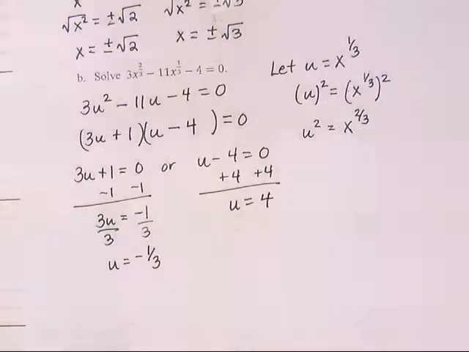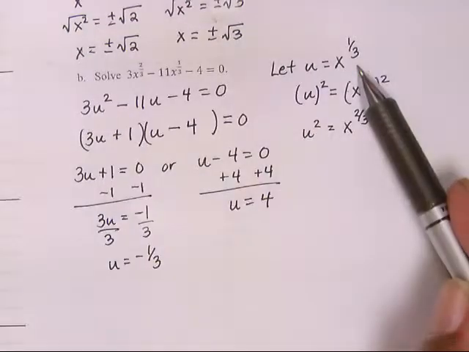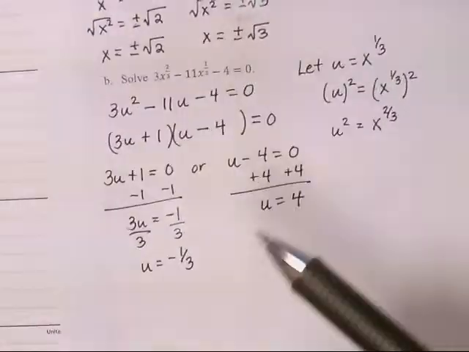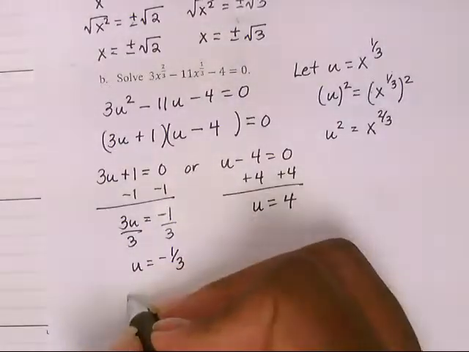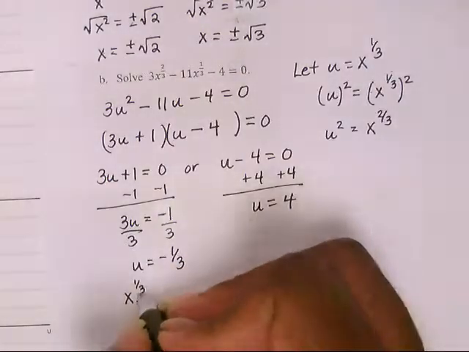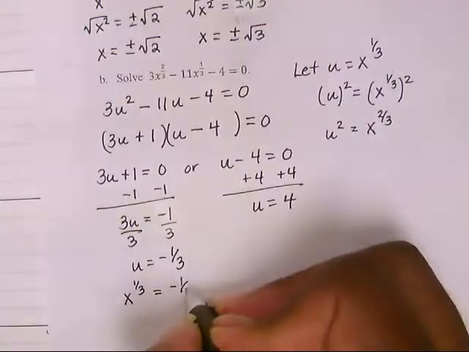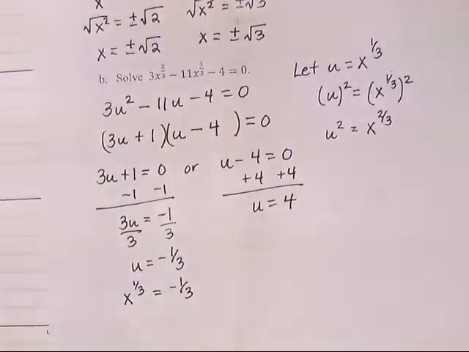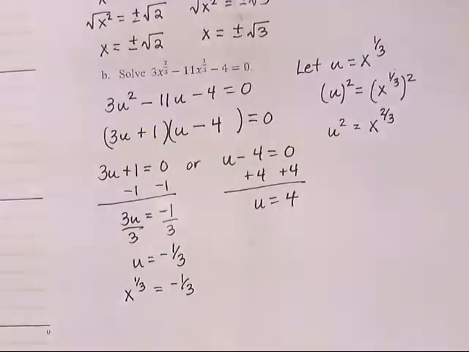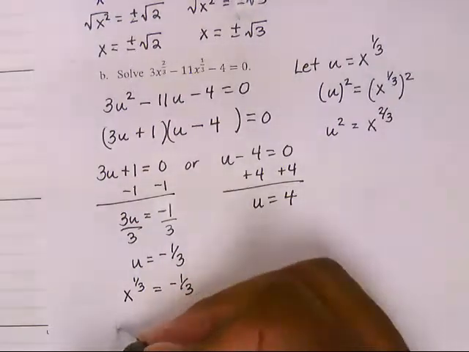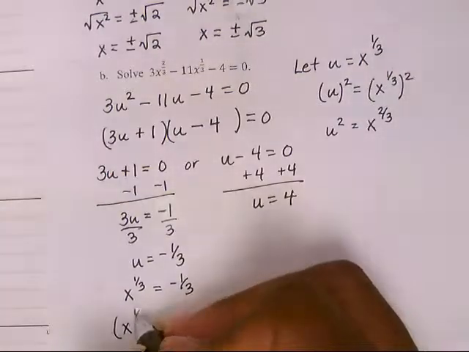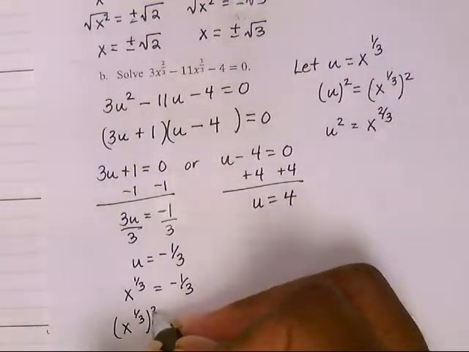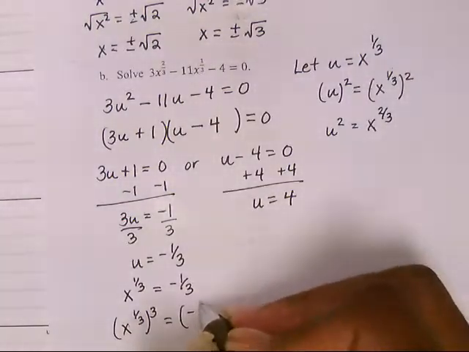But I can't leave it as an answer in terms of u. I have to solve for x. Here I'll let u equal x to the 1/3. So I'll replace that u back with the x to the 1/3, and that's equal to negative 1/3. Now, the reciprocal of 1/3 is 3. So I'm going to raise both sides of this equation to the 3rd power.